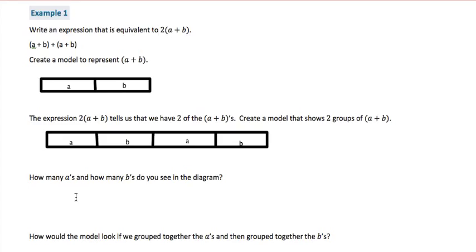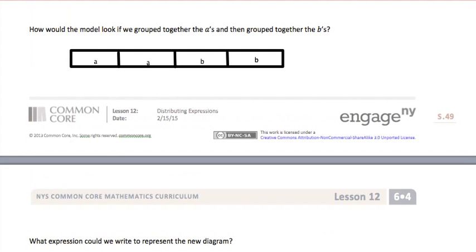Then we're asked how many a's and how many b's do we see in the diagram. Well, there are 2 a's and 2 b's. How would the model look if we group together the a's and then group together the b's? There we have our new model with all of the a's grouped together and all the b's grouped together.